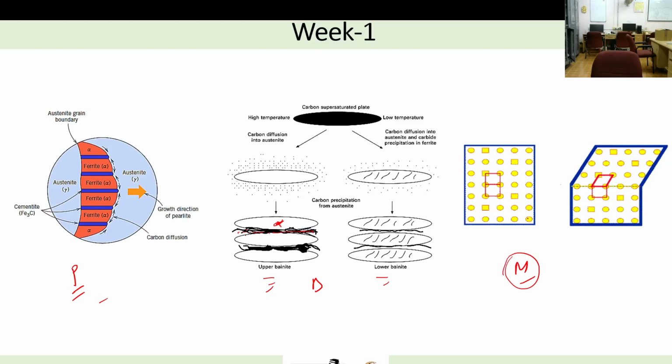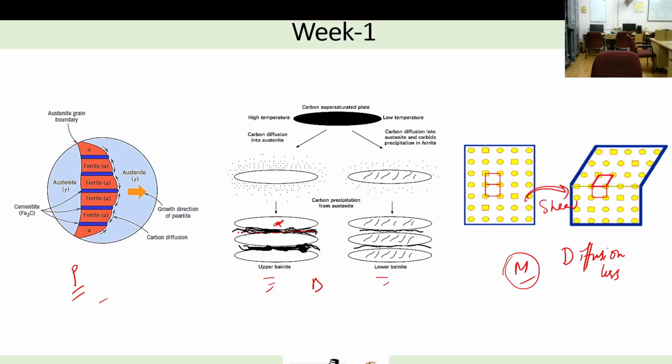You are quenching it and you are not allowing carbon to diffuse and form that equilibrium phase. So we also call it a diffusionless transformation. So here diffusion is not happening, but the transformation is happening due to shear, right?